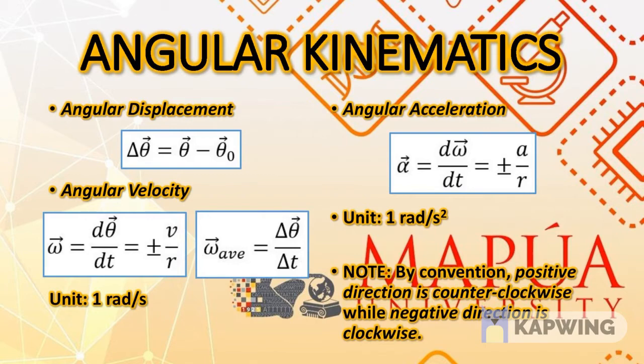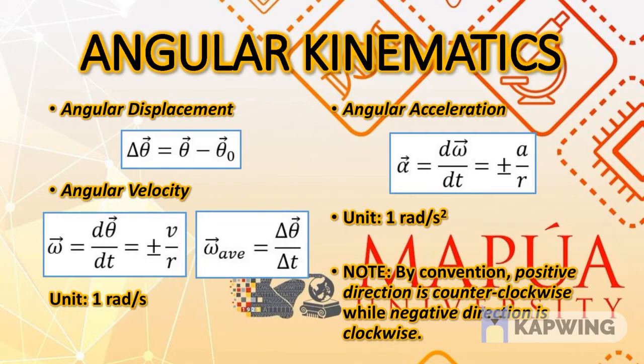The unit for angular velocity is radian per second. Average angular velocity is equal to angular displacement divided by change in time, delta theta over delta t.